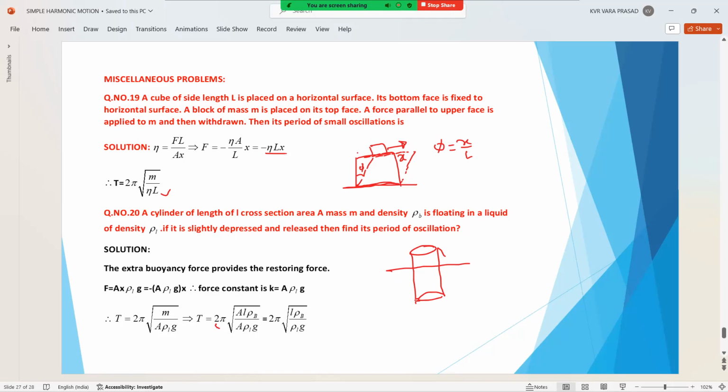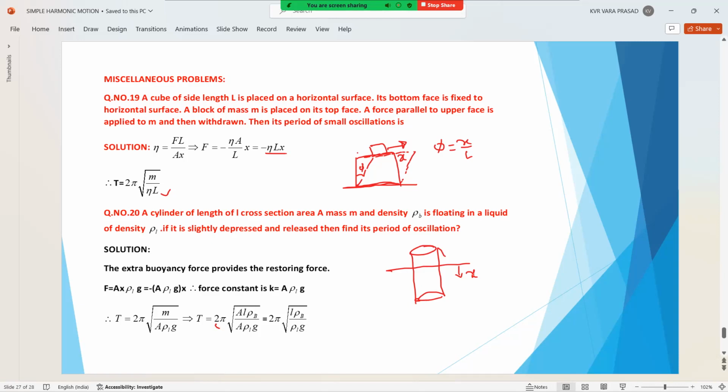Since it is floating, its weight will be balanced by the buoyancy force, right? Now the condition is given that it is slightly depressed and released. Suppose its displacement is x from the mean position. Suppose x part of the cylinder goes inside.